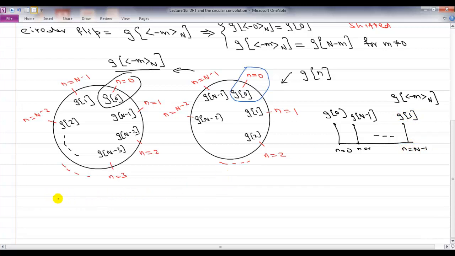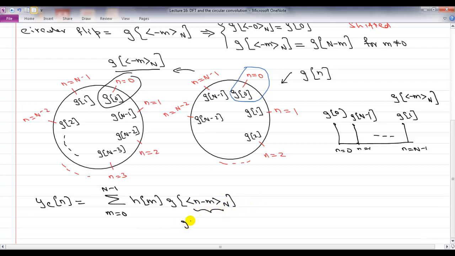So we can now go back to our definition of the circular convolution, which is yc[n] equals summation of h[m], m equal to 0 to n minus 1, g of n minus m mod n. Now notice that this n minus m mod n can be written as minus (m minus n) mod n.